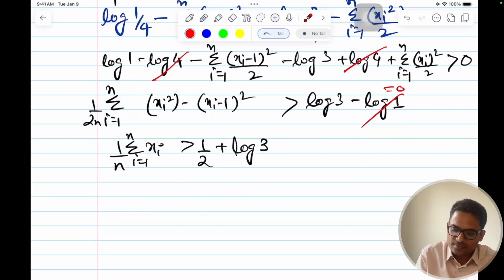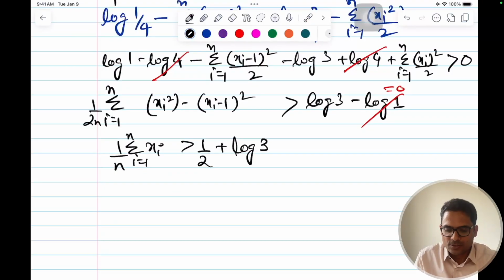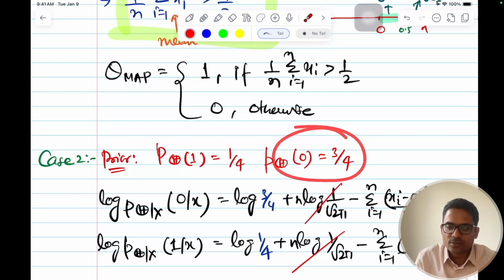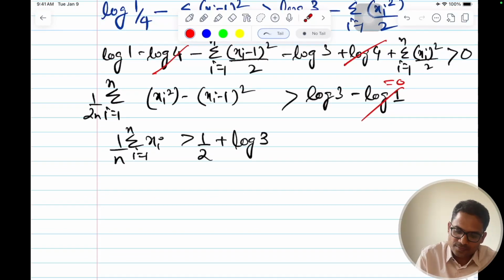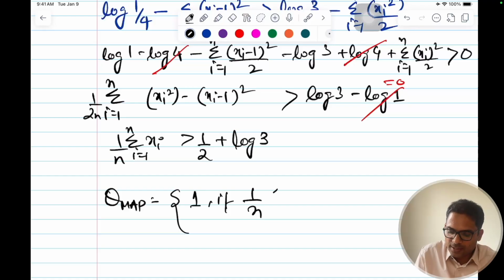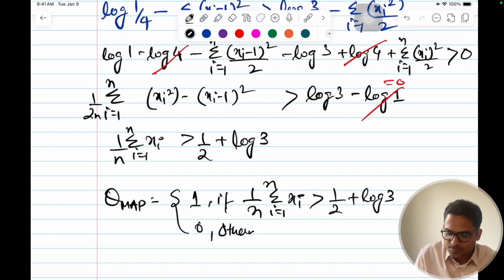Okay, right? So when my prior is biased towards 0, what will be my theta MAP? My theta MAP will be equal to 1 if my mean, 1 by n sigma i equal to 1 to n xi, is greater than half plus log 3 by n, and 0 otherwise.